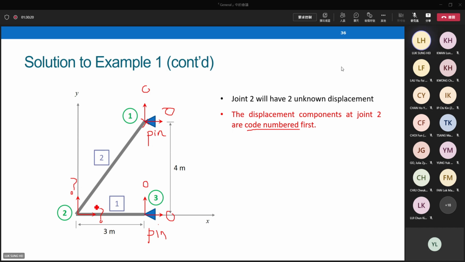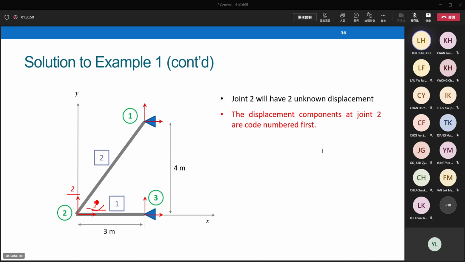Normally, if we have 2 question marks at the same node, we start from the horizontal direction, X first and then Y. That's why I use 1, 2 here. Horizontal is 1, vertical is 2. This is why I set 1, 2 at node 2.